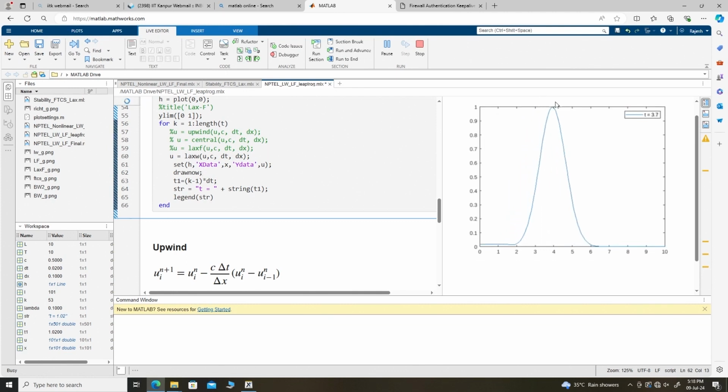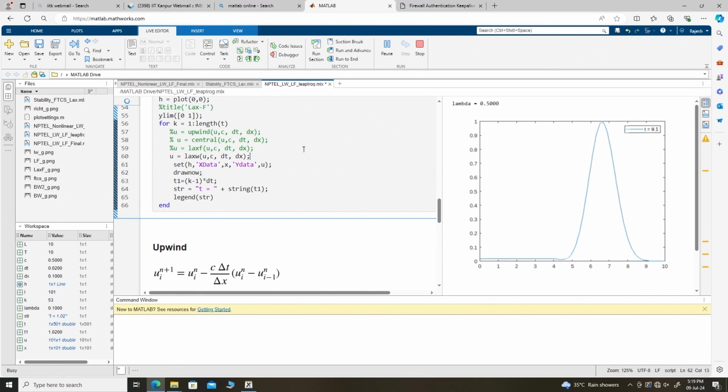The amplitude is not really going down, that means it does not have any dissipation. It has some dispersion, as you can see that some wiggles are getting developed here, but it does not have any dissipation. It may have very little dissipation at the higher order, but here you cannot see any dissipation.